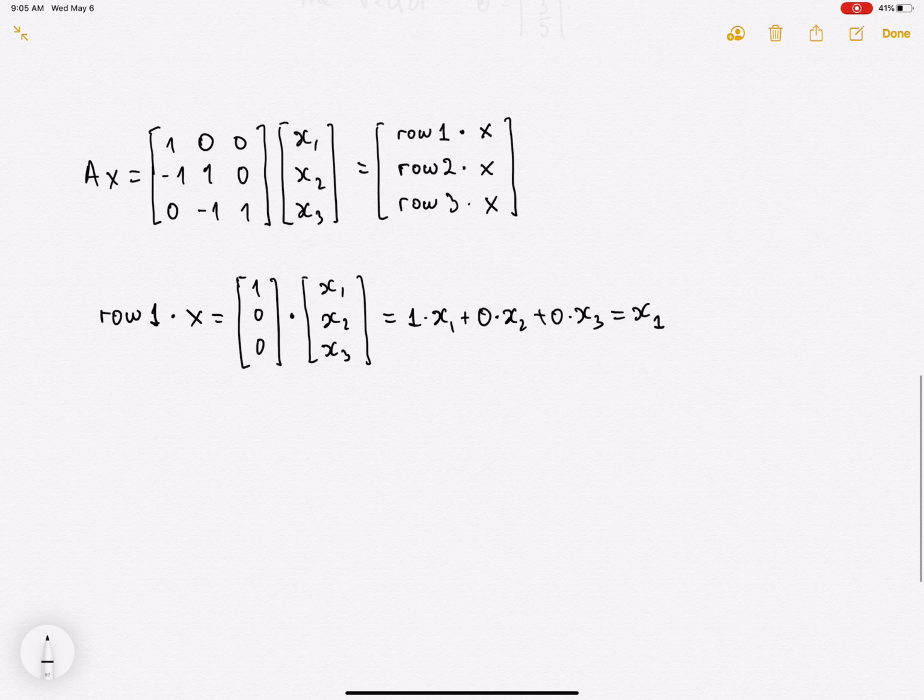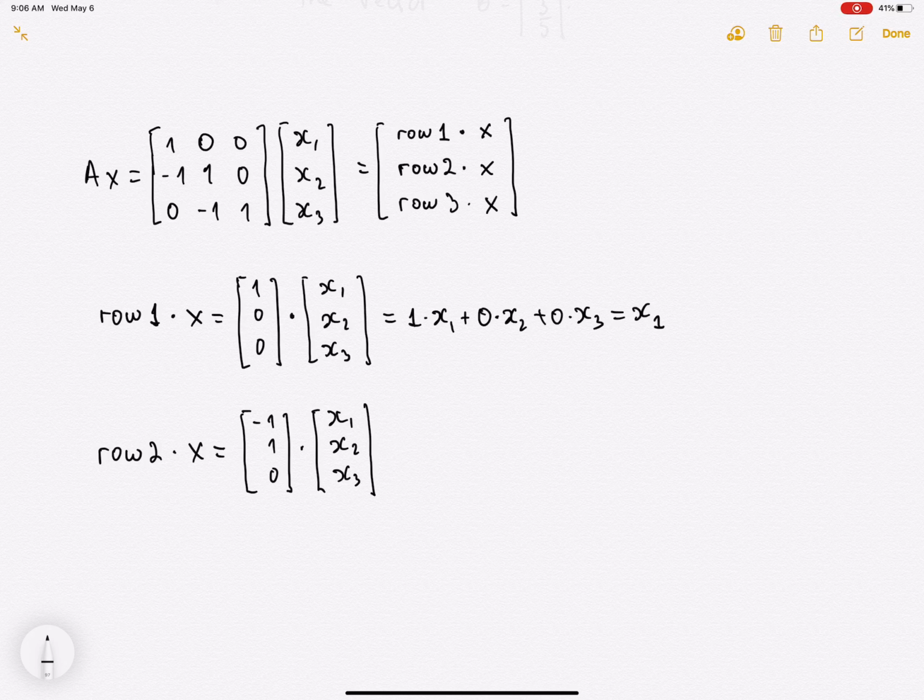Now, if we do row 2 times x, we are using negative 1, 1, 0, that is the second row of the matrix, times the vector x1, x2, x3. We get negative 1 times x1 plus 1 times x2 plus 0 times x3, and we get negative x1 plus x2.